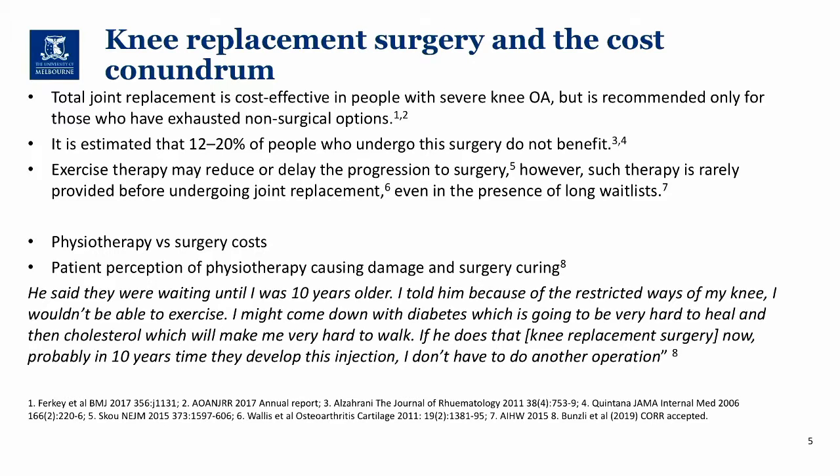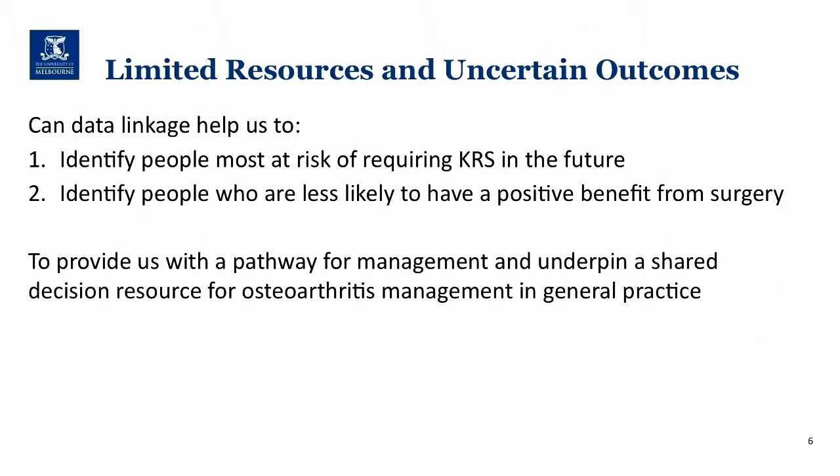So we've got a lot of beliefs and patient perceptions as well, in addition to all the health professional factors that we've already discussed today. So what it comes down to is we have limited resources and we have uncertain outcomes. And so can data linkage maybe help us to identify those people most at risk of requiring knee replacement surgery in the future?